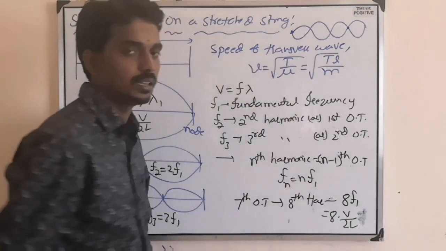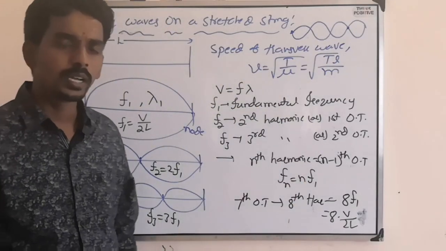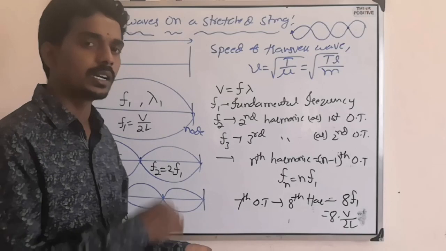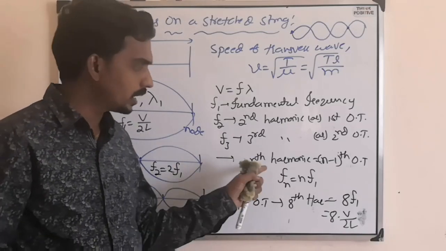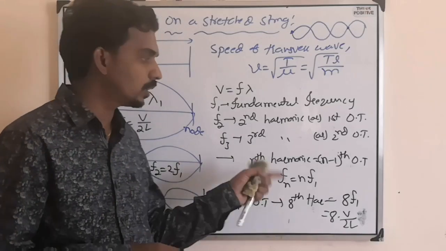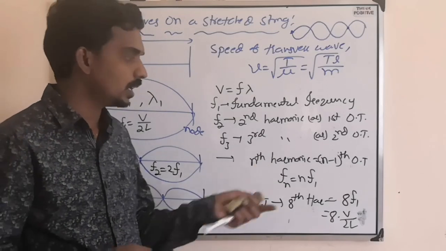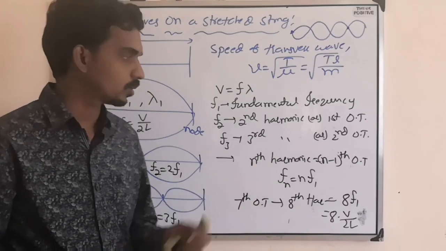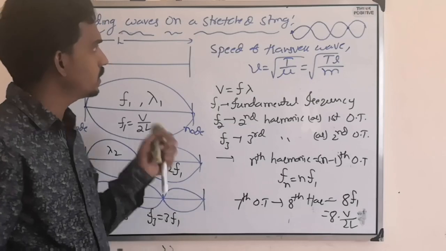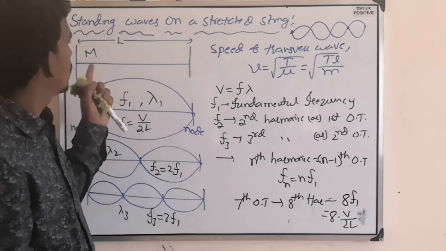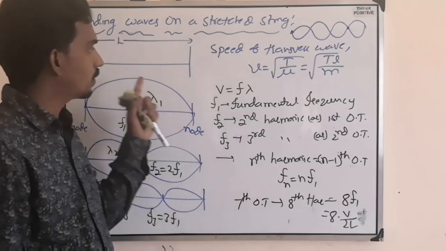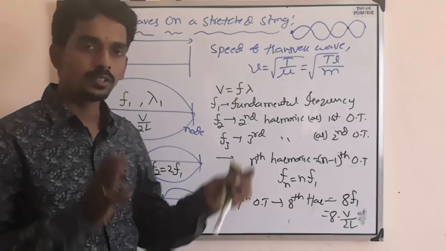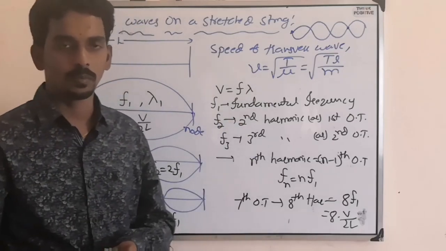This is the formula. Like that, you can find any harmonic or any overtone. Here, the nth harmonic equals the (n minus 1) overtone. That is the case of standing waves in a stretched string fixed between two rigid supports.